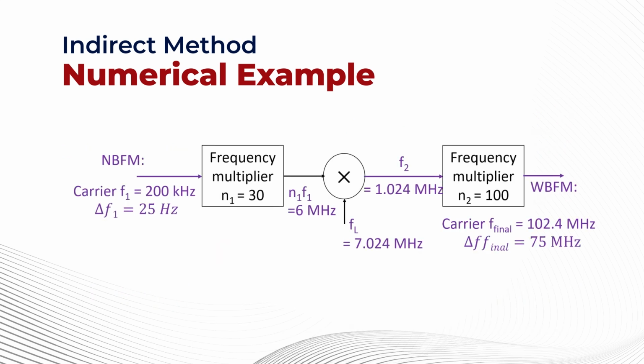This is the final destination required, and we see that by providing the input conditions, then the first multiplier stage, then a mixer stage followed by the last multiplier stage, we obtain the desired deviation along with the carrier frequency. So, this is an example.